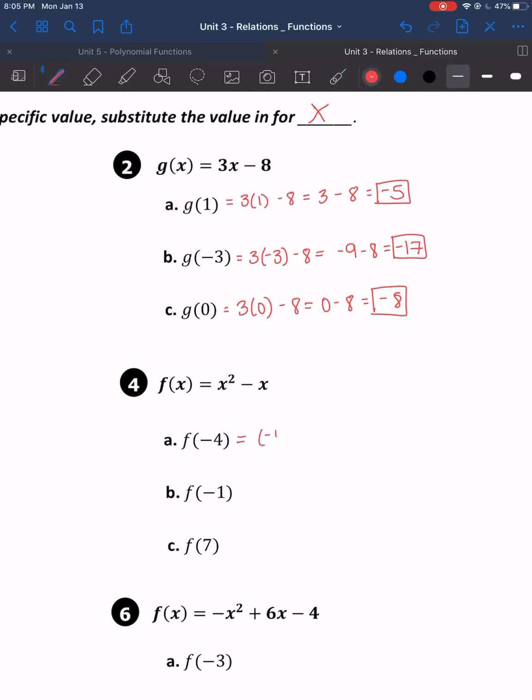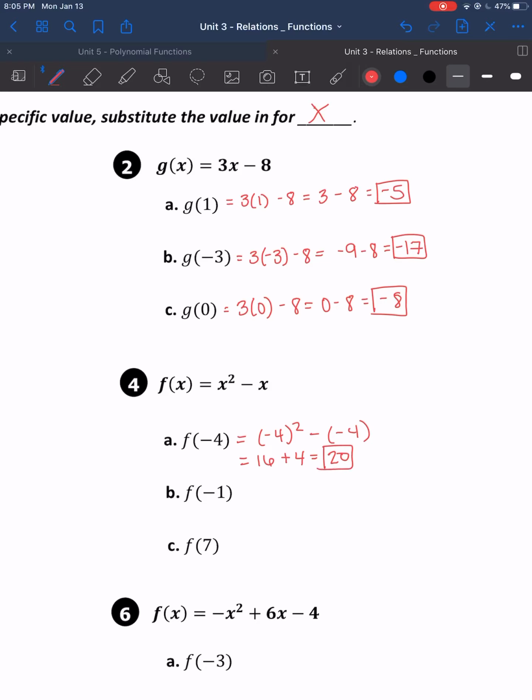So I'm going to have negative 4 squared minus a negative 4. Negative 4 squared is 16, and minus a negative 4 gives me a plus 4. 16 plus 4 gives me 20. So f of negative 4 is 20.